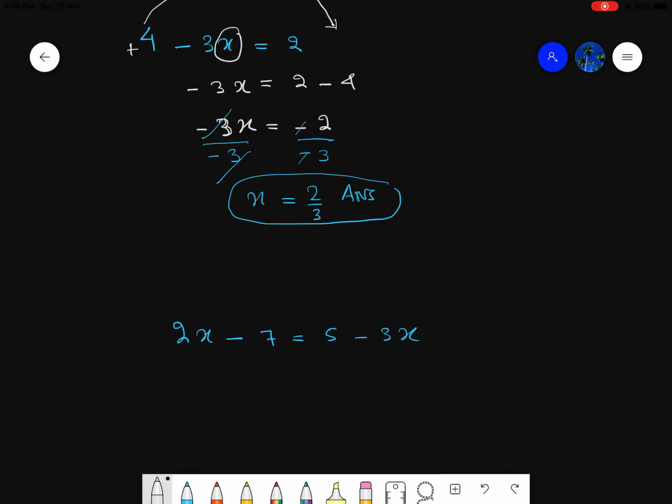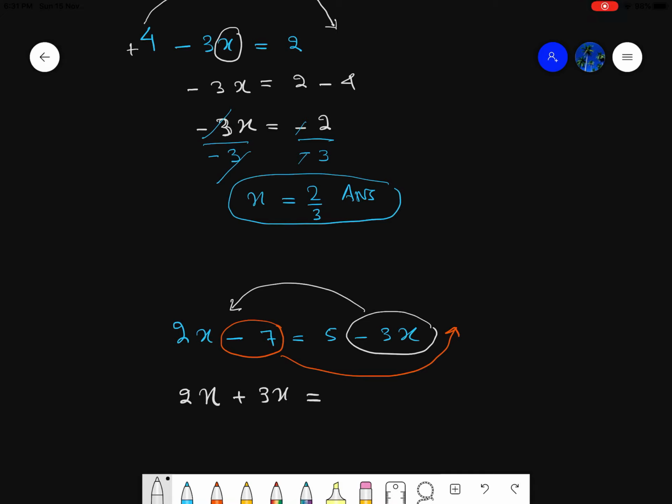So in the first step, we have to move this negative 3x from this side of the equation to that side. And in the next step, we will move this number, negative 7, from this side of the equation to the other side. So this simple move will end up in 2x plus 3x is equal to 5 plus 7. Because when you move minus 3x from one side of the equation to the other side, it becomes plus 3x.